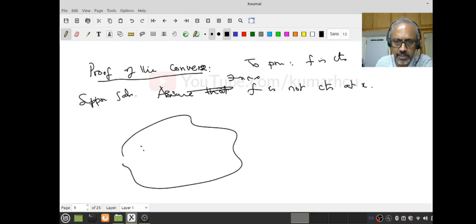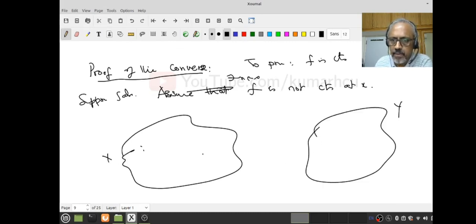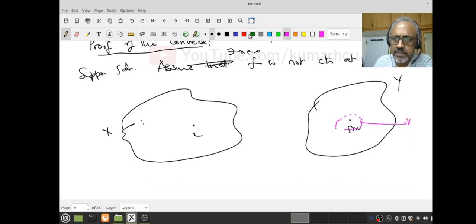So again, let us look at, I have X, I have Y, and this is my x and this is my f(x). It's not continuous. What does it mean? That means there exists an open set V, an open neighborhood of f(x), and so that what happens?